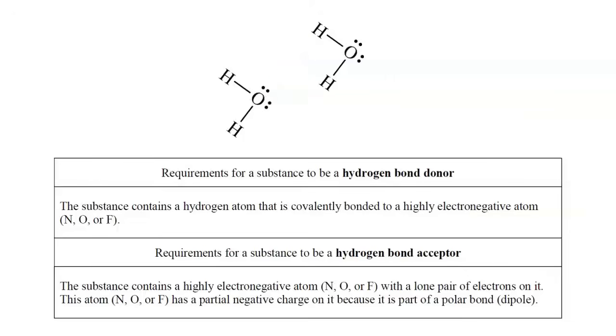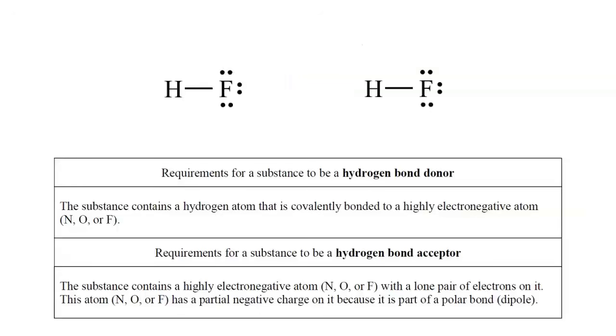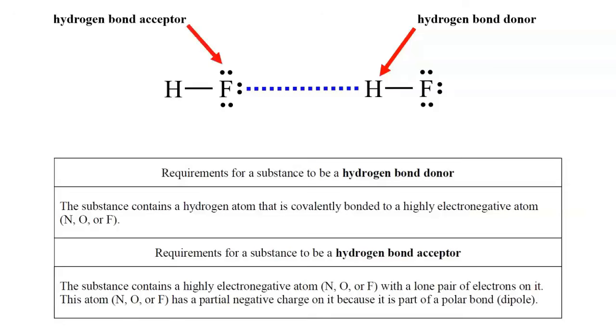Here are two molecules of water with a hydrogen bond between them, and that hydrogen bond interaction involves a hydrogen bond donor, so there's a hydrogen directly bonded to oxygen, and on another molecule there is an oxygen with a lone pair that's part of a polar bond. And then with two molecules of HF, one molecule serves as a hydrogen bond donor, H directly bonded to F. The other molecule behaves as a hydrogen bond acceptor, with the fluorine and the lone pair of electrons part of a polar bond.